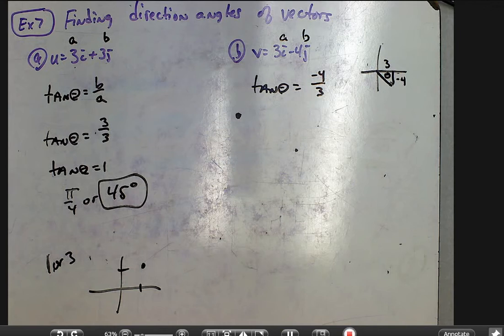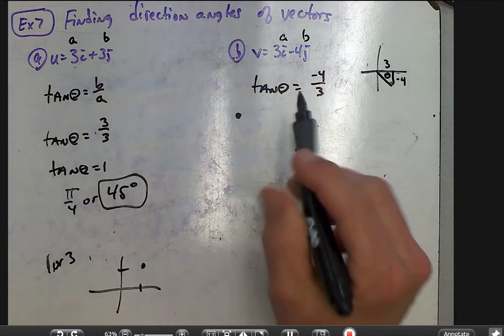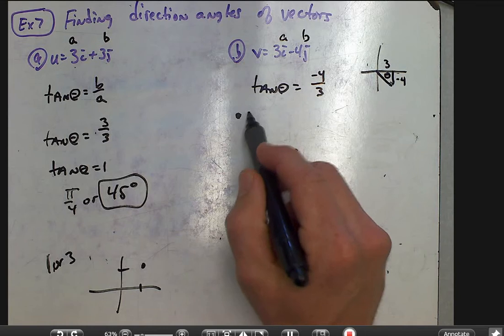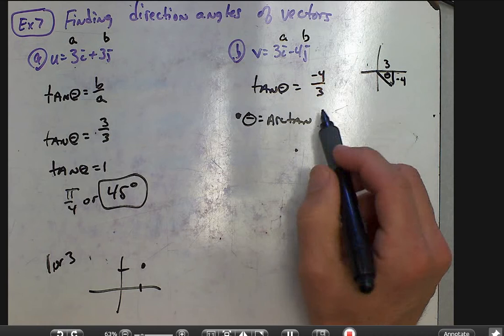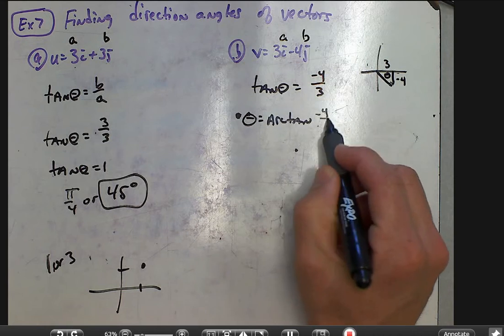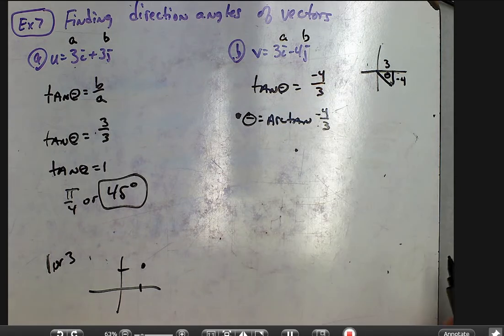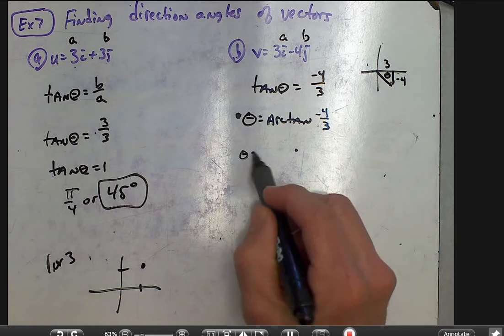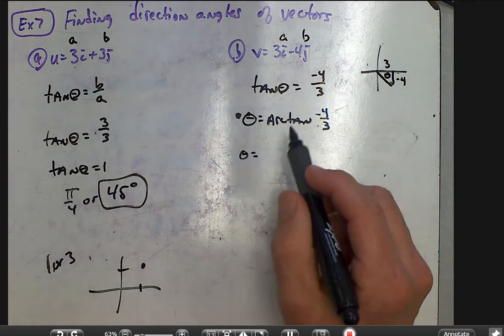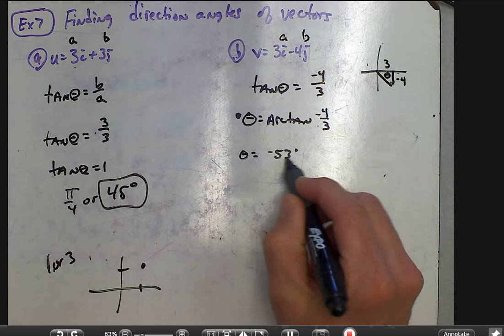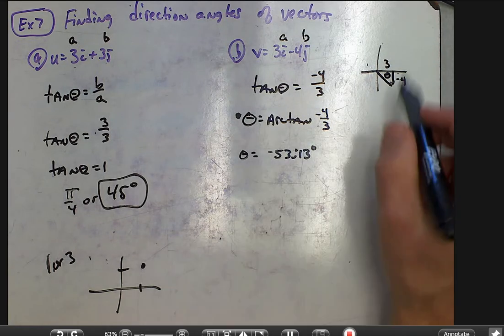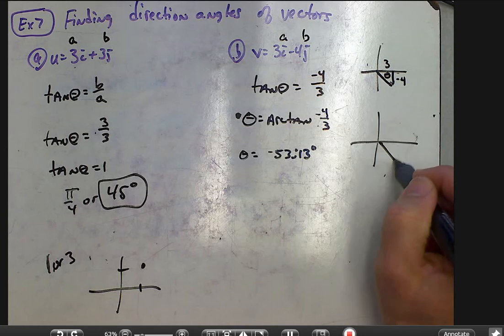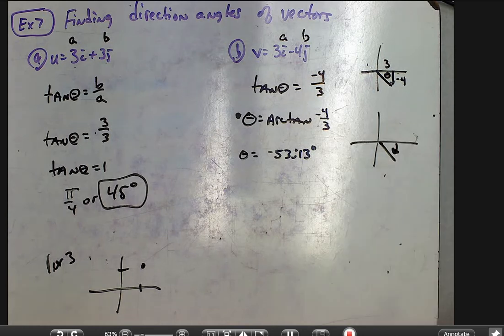So, I don't know what angle gives us that. So I'm going to go theta equals arc tangent of negative 4 over 3. The calculator tells us that theta is going to be equal to negative 53.13 degrees. And yes, negative. So that is that angle right there.